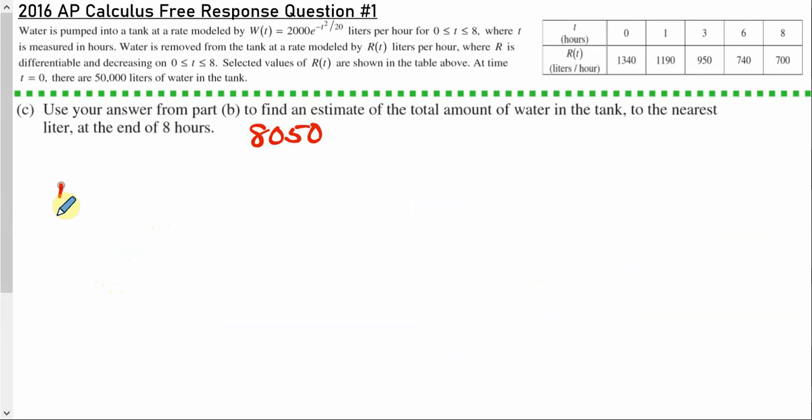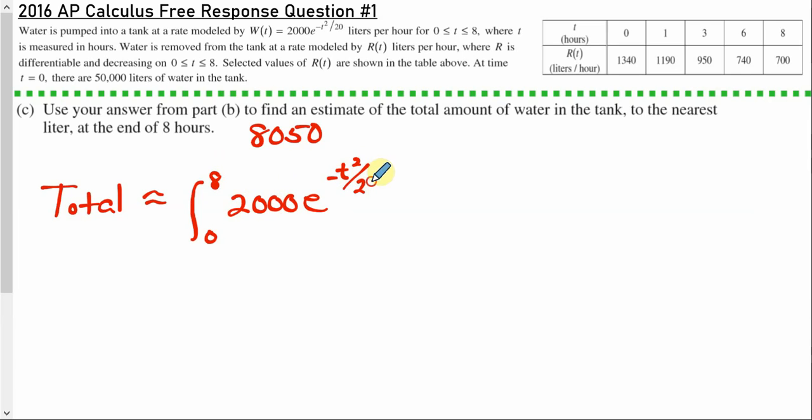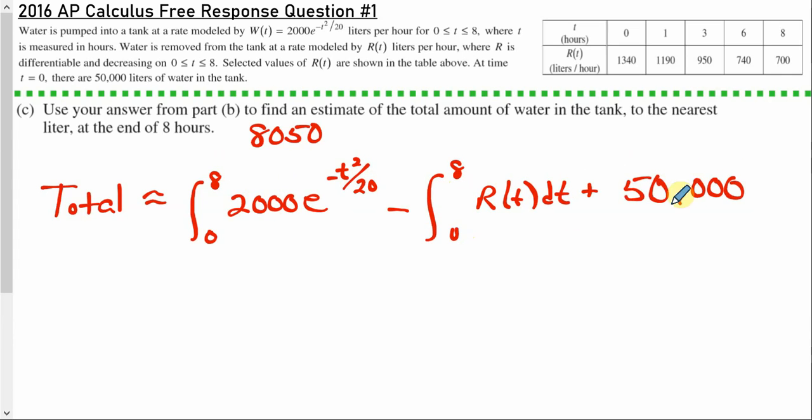So the total would be the water coming in, from 0 to 8 of this equation, minus the water coming out, which we've already calculated, plus what was there to begin with. It was 50,000 to start.